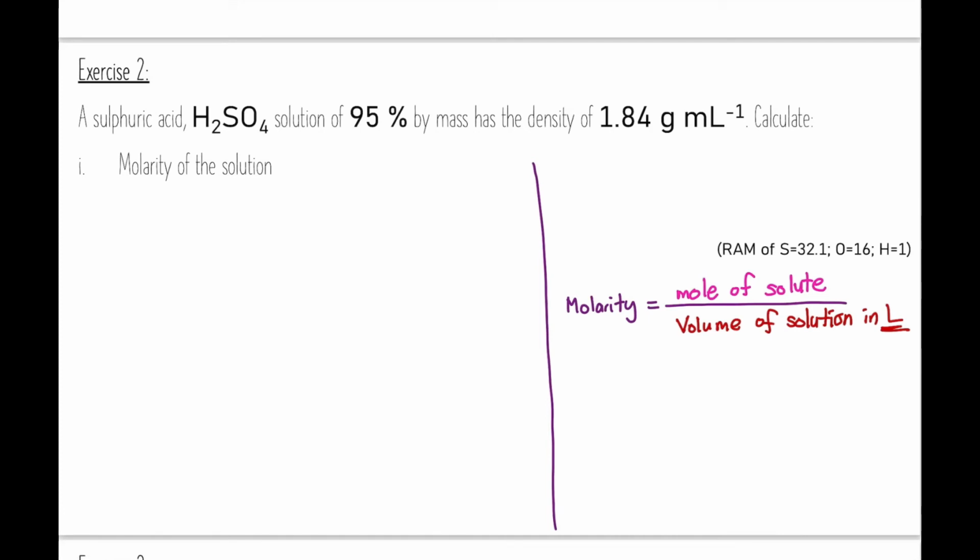To calculate this, we need to make some assumption from the percentage by mass given in the question, 95% by mass.